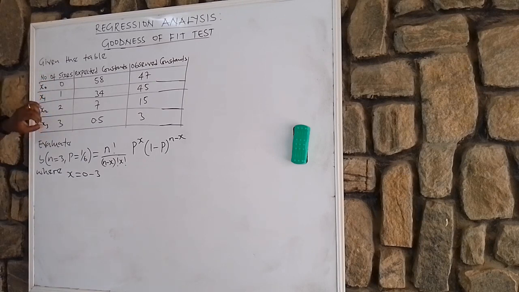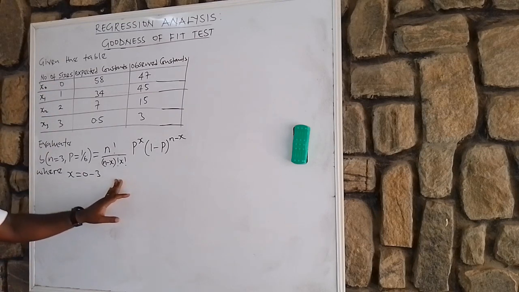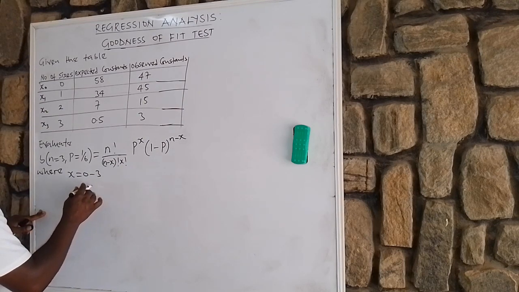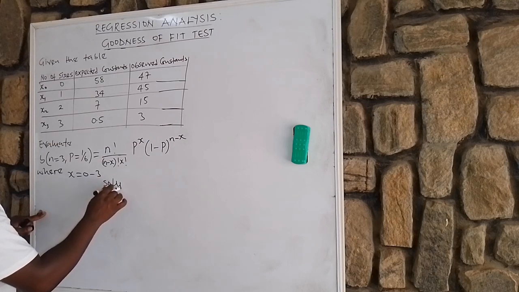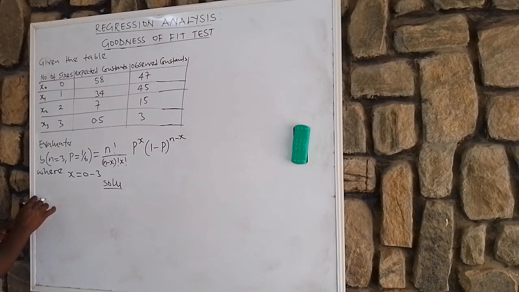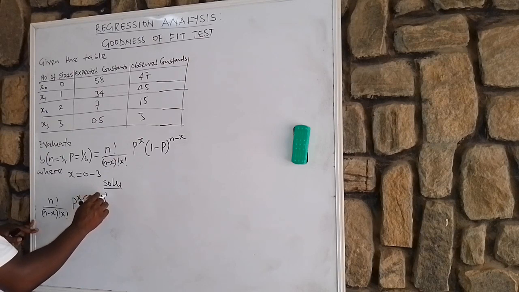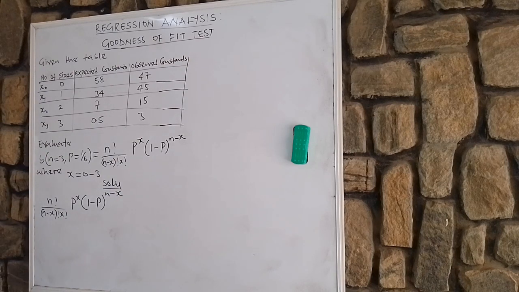So at x equals 0, you must obtain the value of this. Let's write the solution. n factorial over (n minus x) factorial times x factorial, p raised to the power of x, times (1 minus p) raised to the power of n minus x.